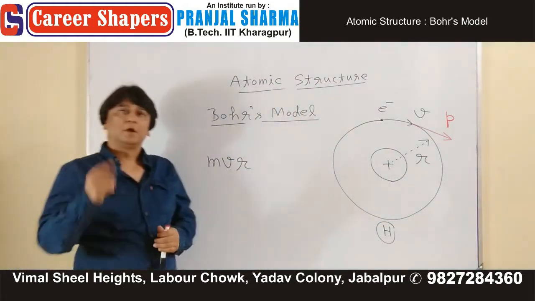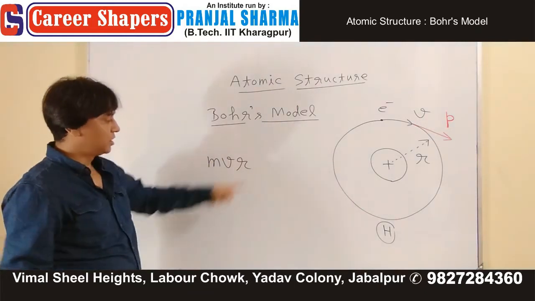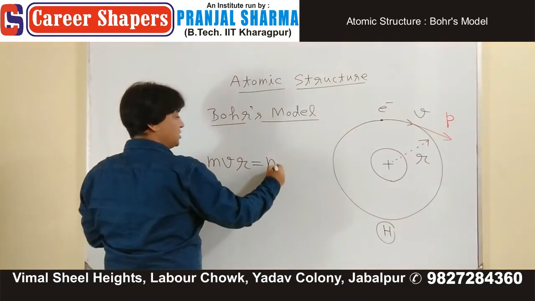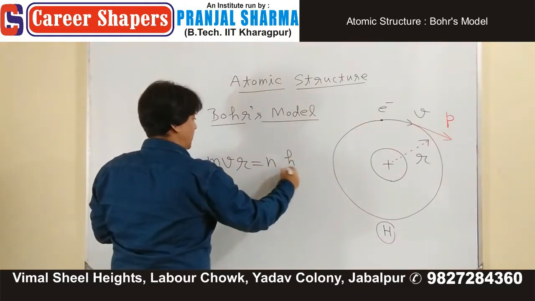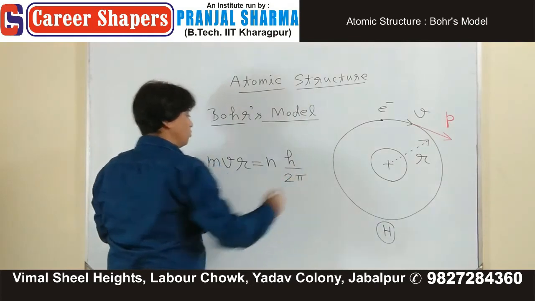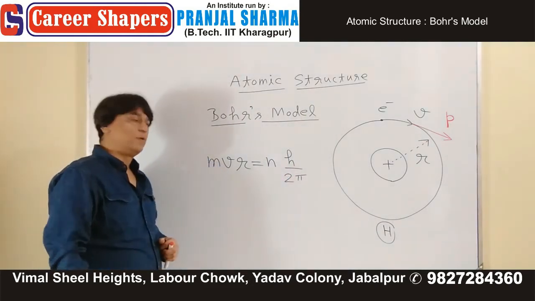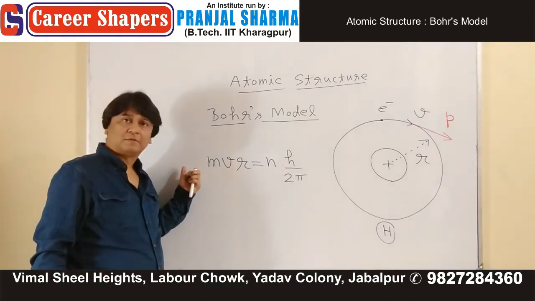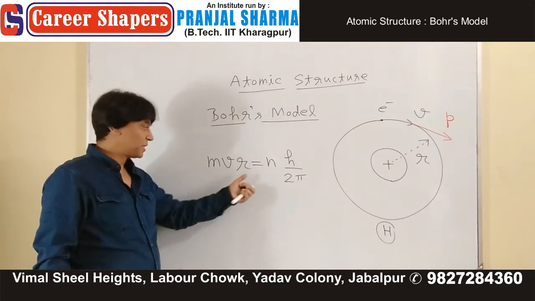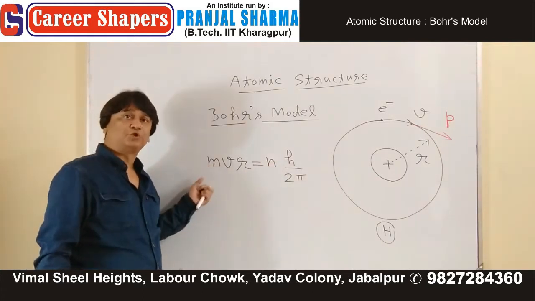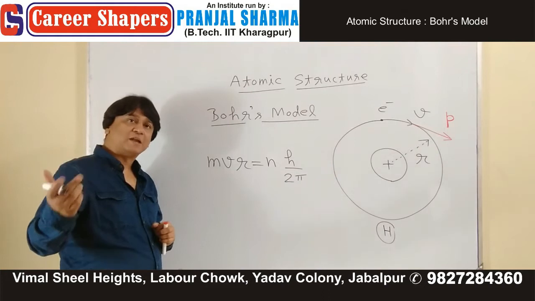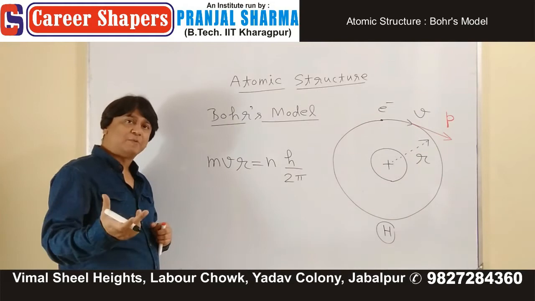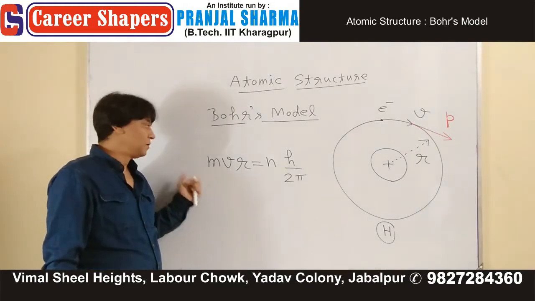Now, Bohr says that this angular momentum is an integer multiple of h upon 2 pi. When people asked him why, he didn't have any valid reason for why it should work, just that all the experimental setups and results could be explained with the help of this.